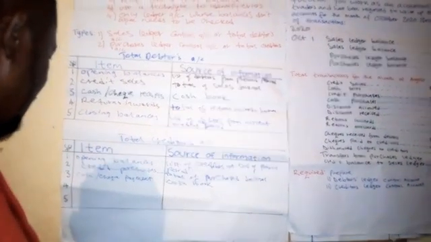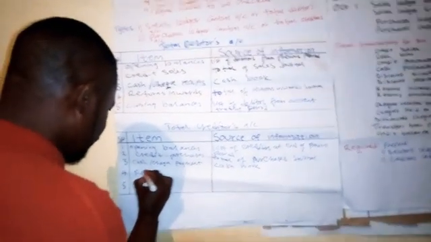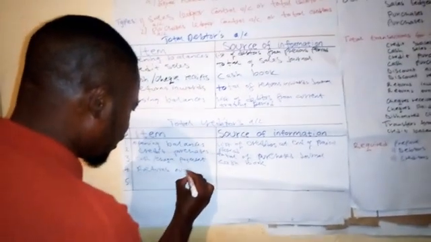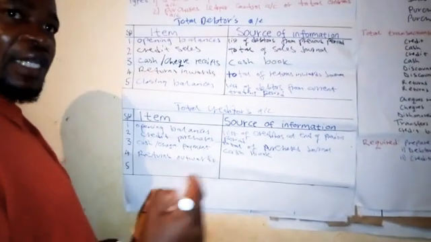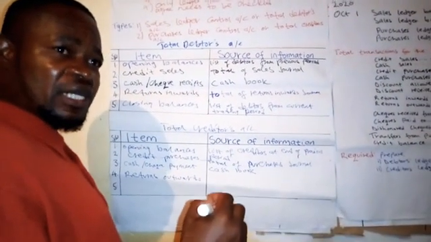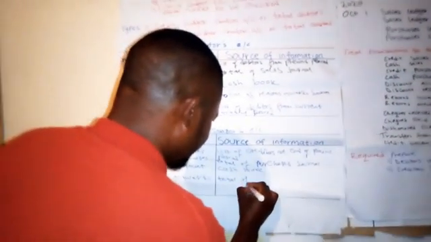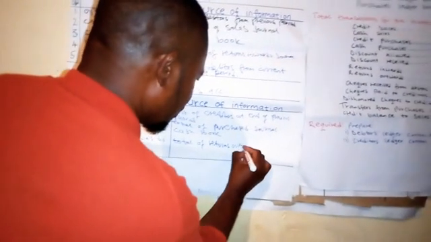Then the fourth item here is returns outwards, and the source of information is the total of the returns outwards journal.